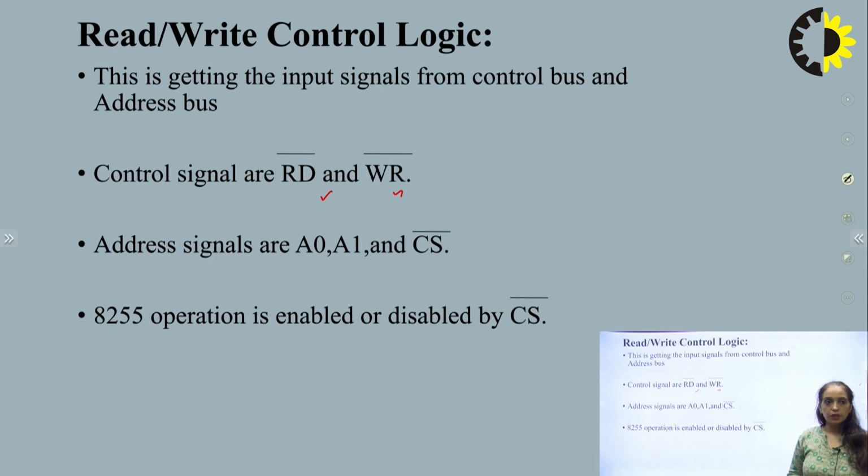Address signals which are used in this block are your A0, A1 and CS bar, that is your chip select signal. 8255 operation is enabled or disabled by controlling the value of this CS bar. When the value of this CS bar is 0, your operation is enabled. When the value of this CS bar is 1, your operation will be disabled.